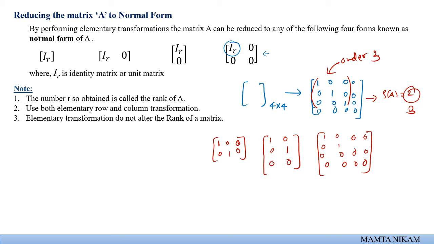All such forms are known as normal forms, and reduction to the normal form gives us the rank of a matrix. So the number r here represents the rank of A.